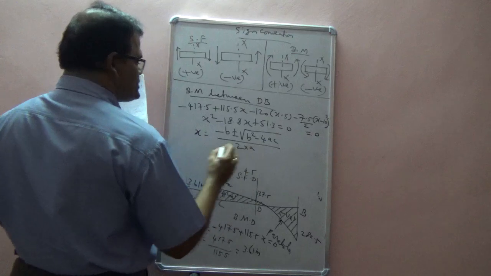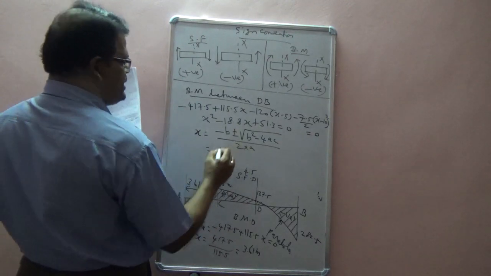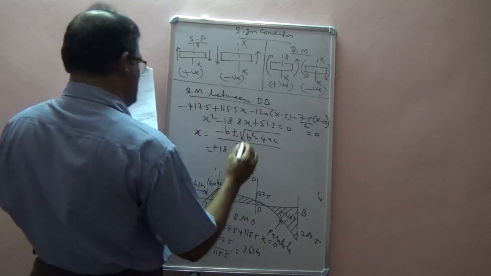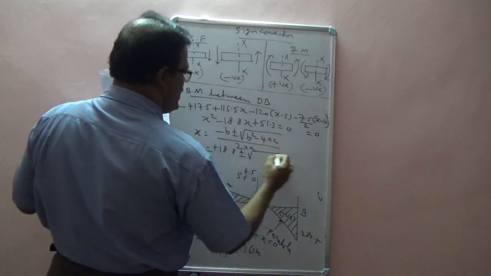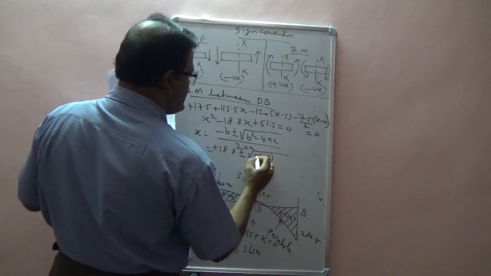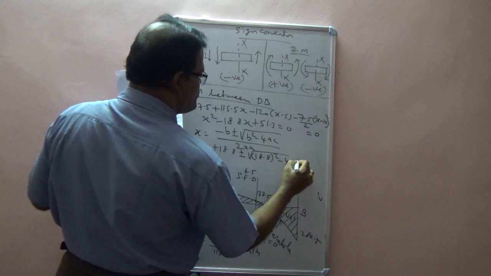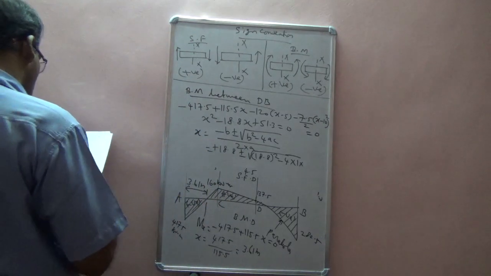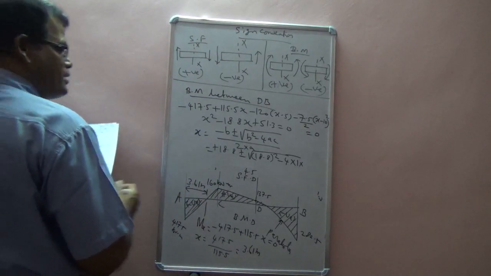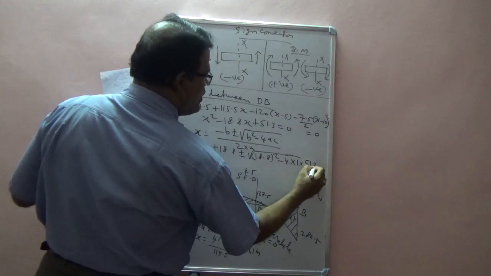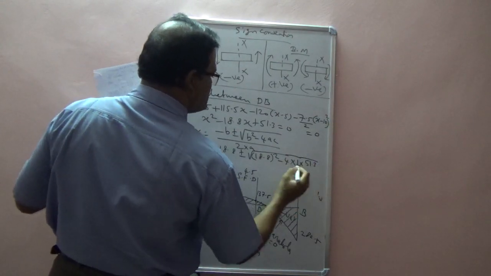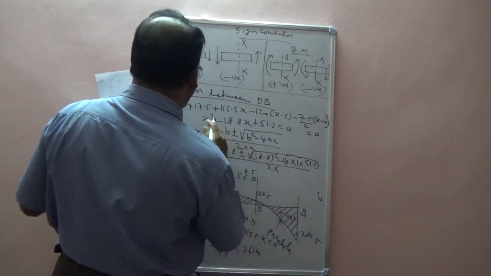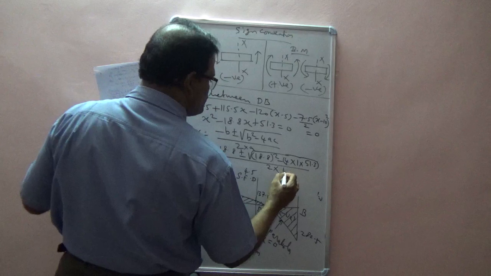In this case, if you substitute, minus b is plus 18.8, plus or minus square root of 18.8 the whole square minus 4 multiplied by 1 multiplied by 51.3, divided by 2 multiplied by a, which is 1.